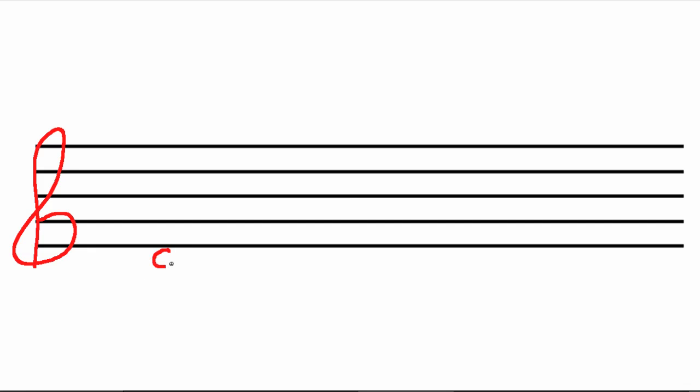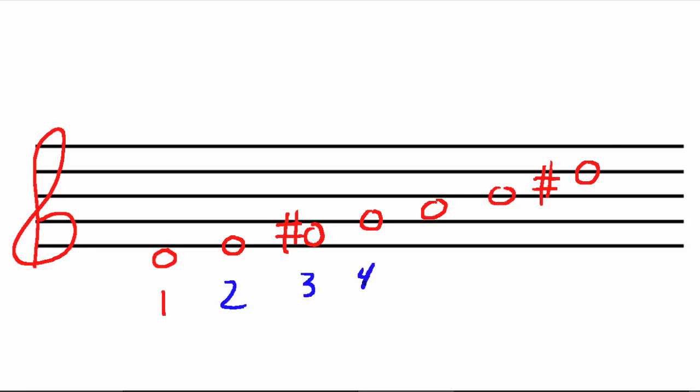Let's start with D. So D major, that's our first scale degree. If we just write the major scale with our sharps, we can then identify the scale degrees. Once you do this a few times, it gets pretty easy.